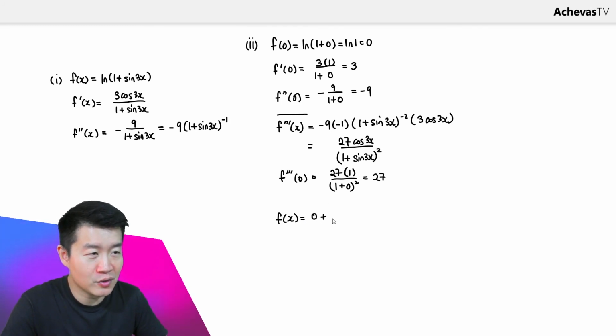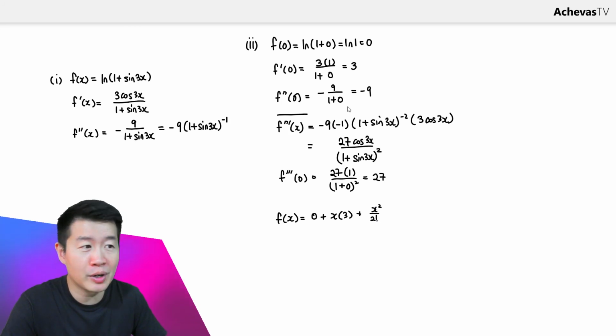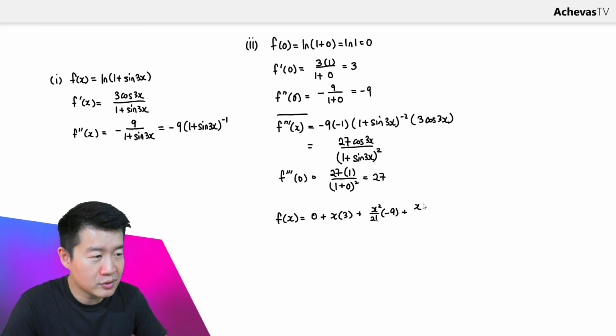The second term is going to be x multiplied by f prime 0, which is 3. Then after that, x squared divided by 2 factorial times f double prime 0, which is minus 9. Then x to the power of 3 divided by 3 factorial multiplied by 27.